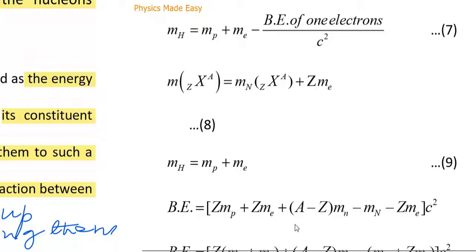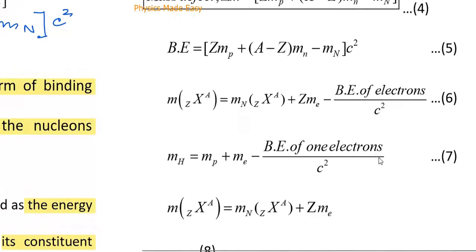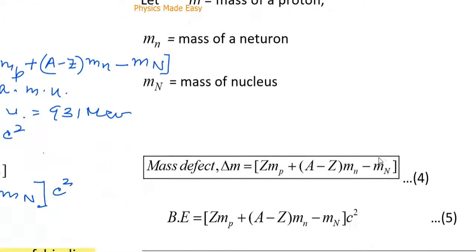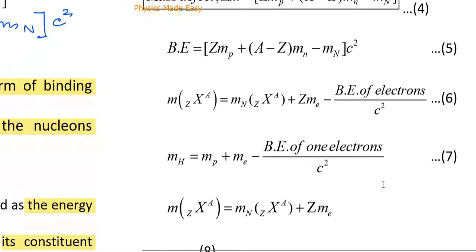And now what I did in my previous relationship, I broke up the mass of nuclei into this minus Mn. It was already there. I added Z number of neutrons. Note down it here and note down the previous equation. This equation, mass of neutron, mass of nucleus, sorry.